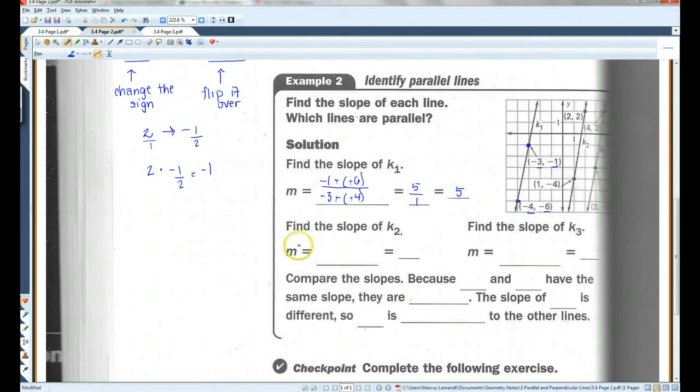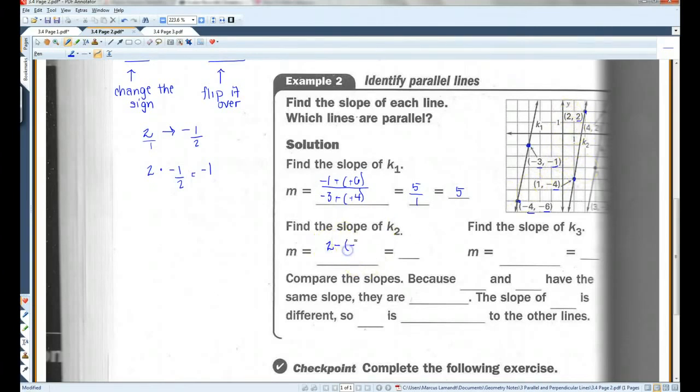Alright, let's take a look at K2. I'm going to use this point and this point. So the y values are 2 and -4. You could say -4 minus 2 or 2 minus -4. It doesn't matter which order you use, as long as, if I were to say 2 minus -4, then I need to say 2 minus 1. I can't switch it up.